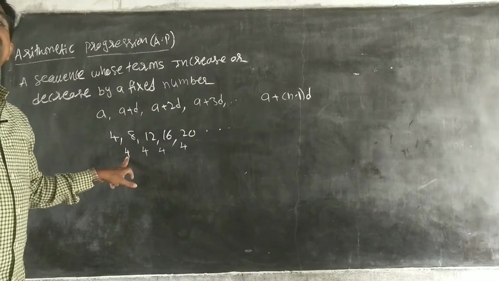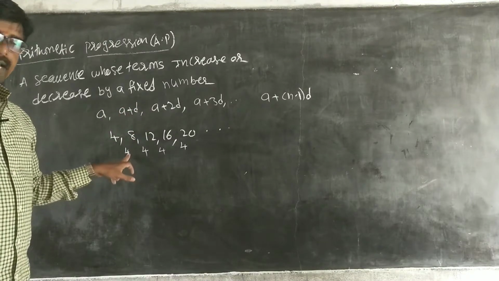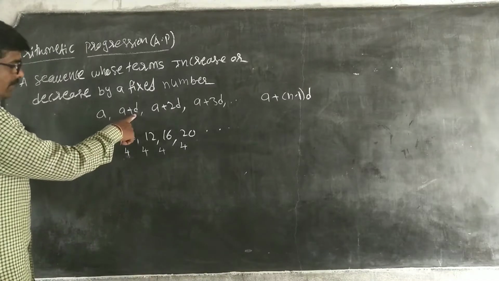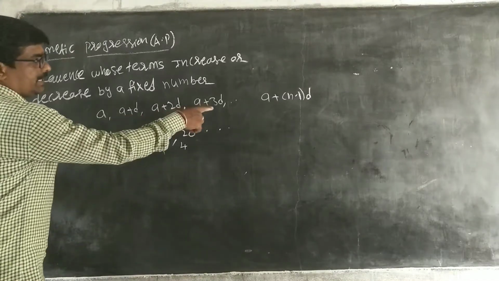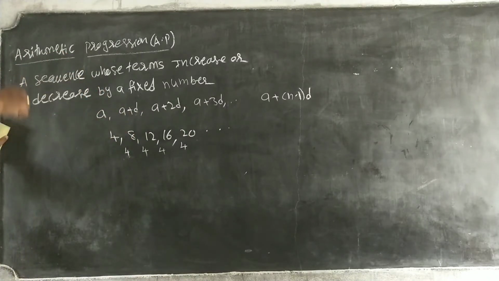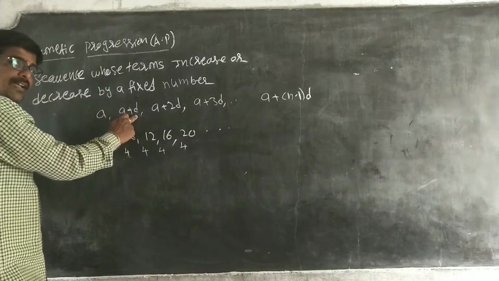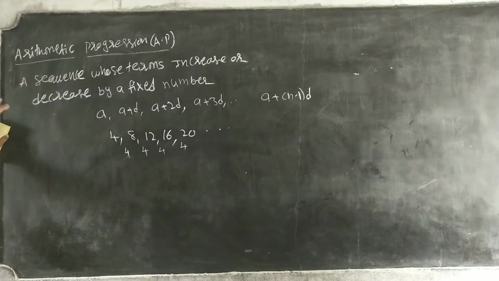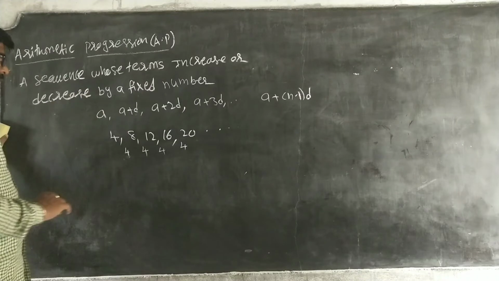Here I am writing D, 2D, 3D. This fixed difference is the common difference, generally denoted by D. A means first term.